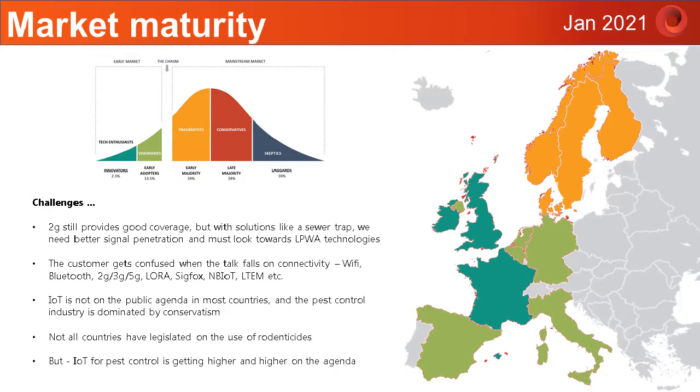If we look at Scandinavia, that's Denmark, Norway, Sweden, and Finland, marked with orange on the map, IoT has been on the public agenda for the past 10 years at least, and many of the larger cities and municipalities in those countries are working actively on creating smart city solutions.